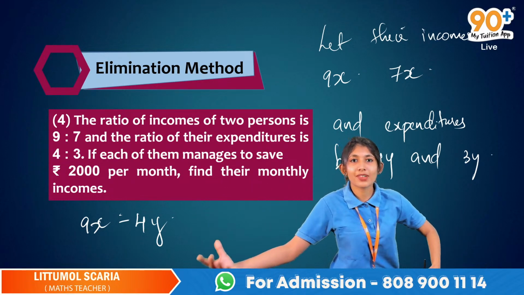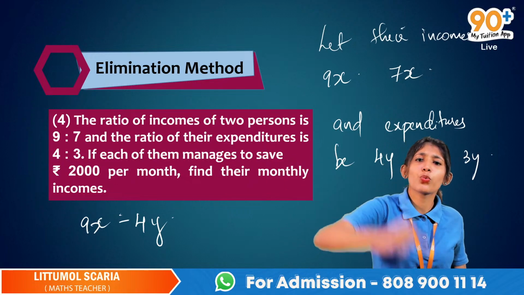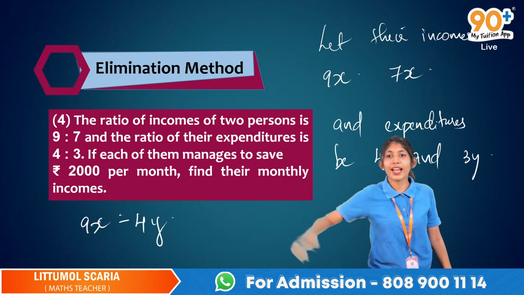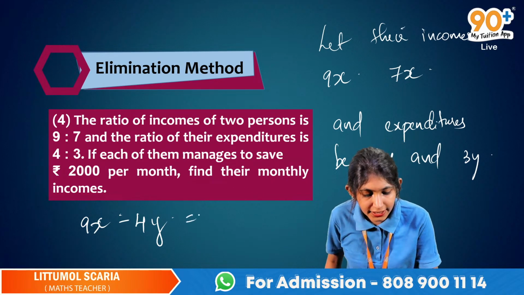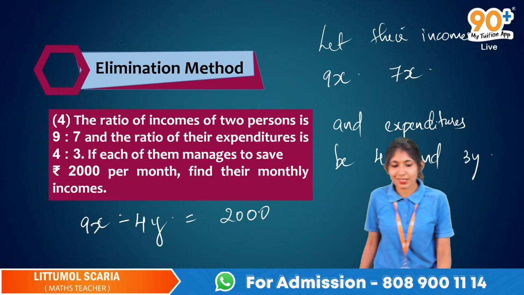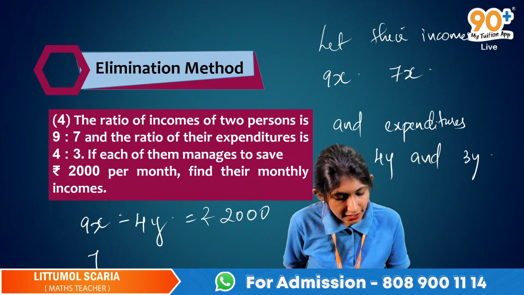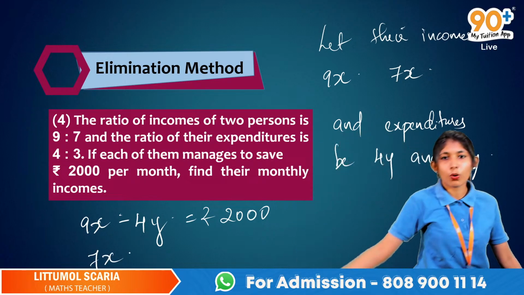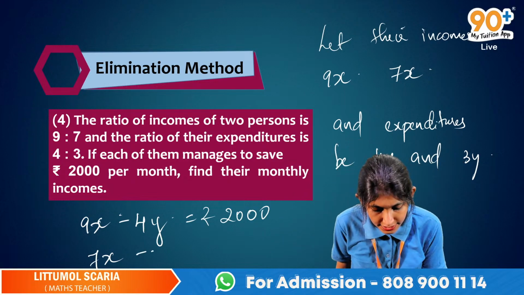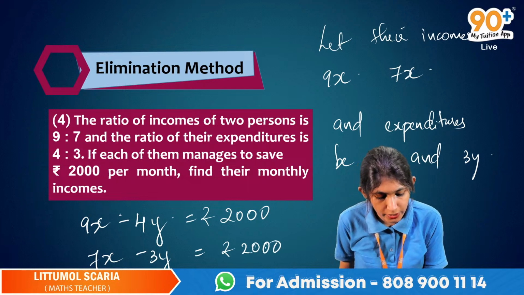So we can subtract. Why did you subtract that 10,000? Because that is a loss, an expense. So when I did that, still I have rupees 2,000 as the saving per month. The second person also earns 7x, and 3y is his expenditure. He is also left with rupees 2,000.